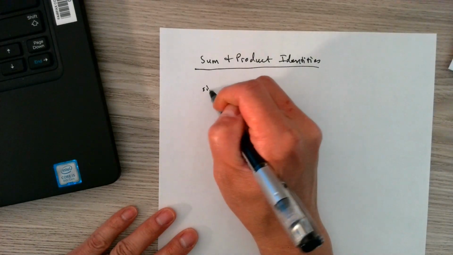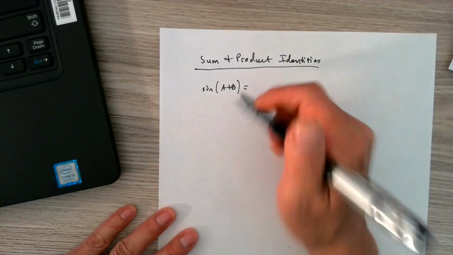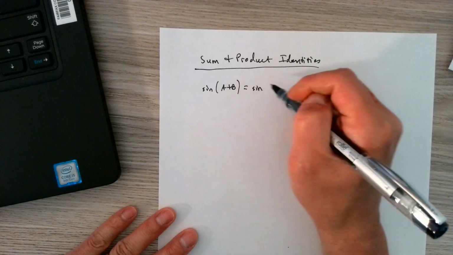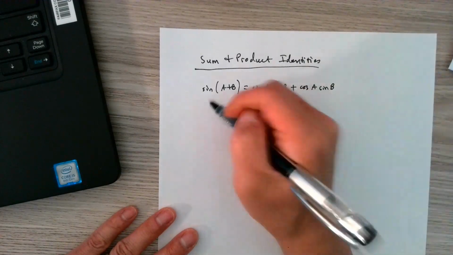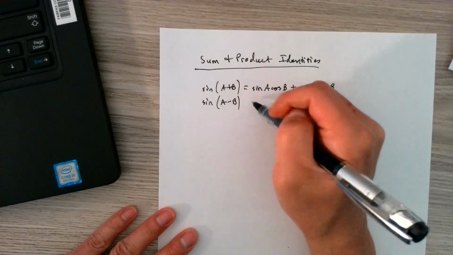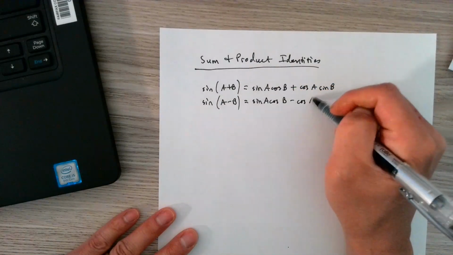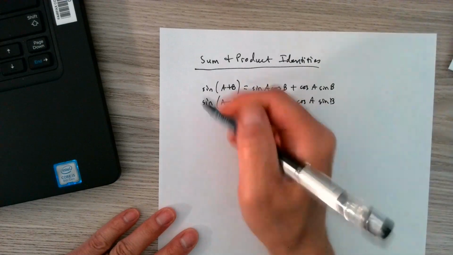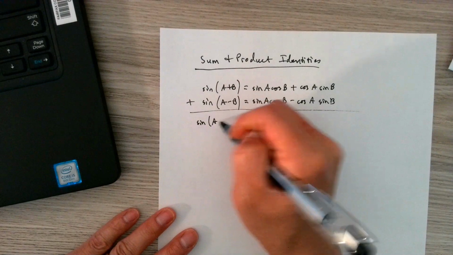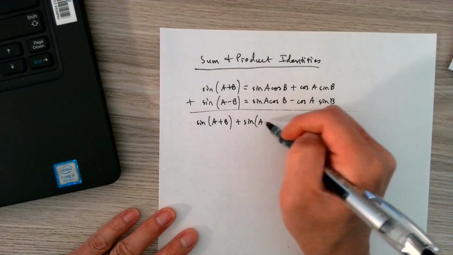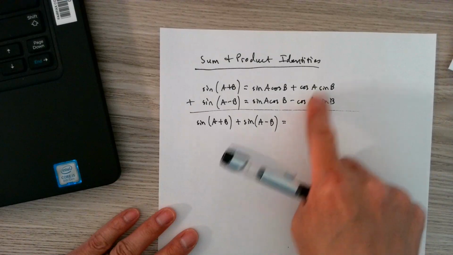Okay, so if I take two identities we already know, the sum identity, sine of a sum, sorry, and sine of a difference, and add these two equations, the right side will simplify a bit because this plus this is 0.